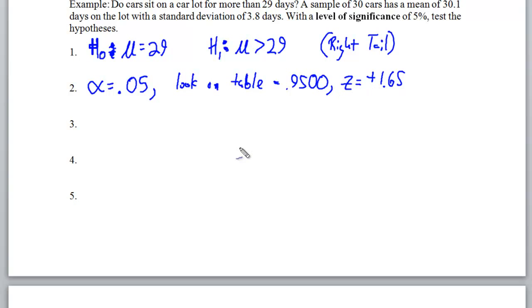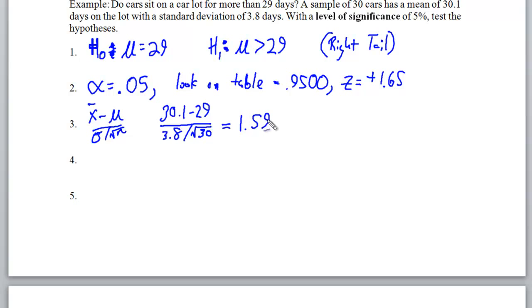So now we're going to compute our test value: x bar minus mu divided by the standard deviation divided by the square root of our sample size. So this is 30.1 minus 29 divided by the standard deviation of 3.8 divided by the square root of our sample size, 30 cars on the lot, which gives us an answer of 1.59.